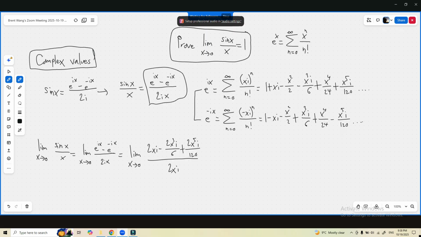You can factor out a 2xi here, and you get the limit as x tends to 0 of 1 minus x cubed over 3 plus x to the 5 over 120, and so on. All the other terms other than 1 will cancel out to 0, so you're left with a value of 1.